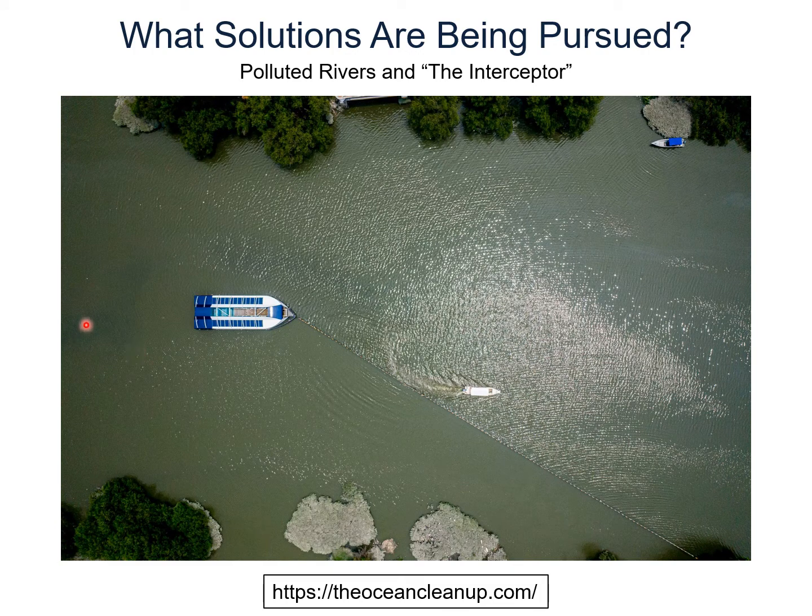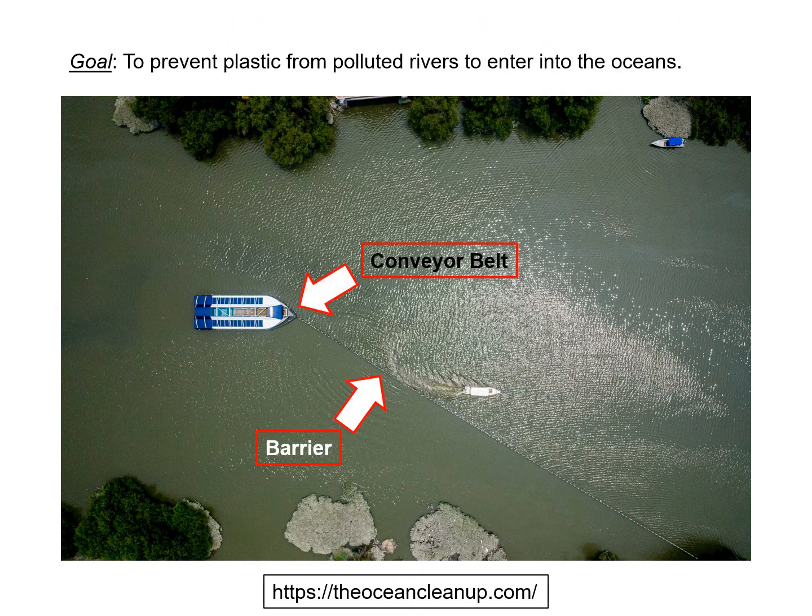At the rivers, they are deploying a single boat known as the Interceptor, which is this boat right here. It has a barrier arm shown here where it extends out for maybe the length of a football field, and it'll claw up, but you don't see it curving up on the end of it.